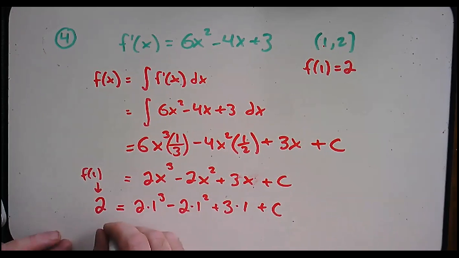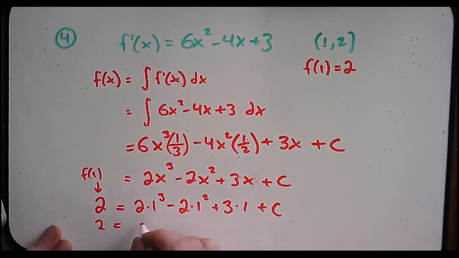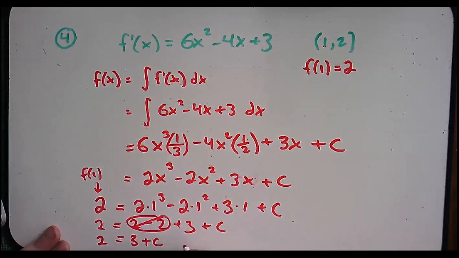So let's now solve this for c. So 2 equals 2 minus 2 plus 3 plus c. So 2 equals, well, these will cancel. 2 minus 2 is just 0. 2 equals 3 plus c. And if we subtract 3 from both sides, we get negative 1 equals c.